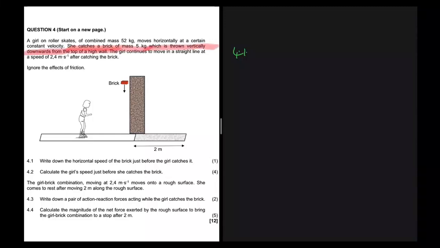If a brick is thrown vertically downwards, then it has a horizontal speed of 0 meters per second, because it's only moving along the vertical. So the answer for 4.1: Vx, x being for horizontal, is equal to 0 meters per second.